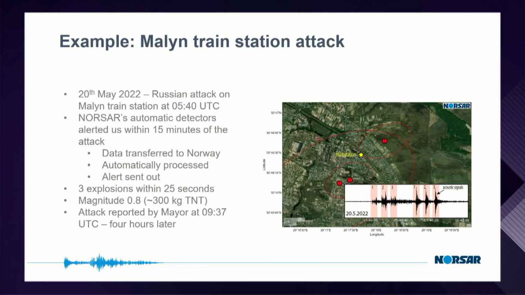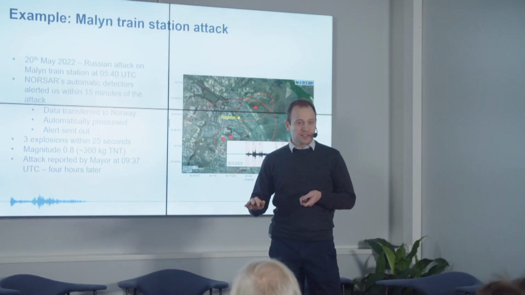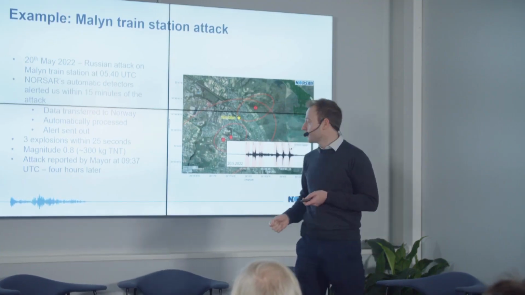So here's an example of this algorithm working in practice. On the 20th of May, there was a Russian attack on Malin train station very early in the morning. We were getting data coming through to Norway continuously, processing it, and within 15 minutes of that attack occurring, we had processed it, an alert had been sent out, and we had detected 3 explosions within 25 seconds of each other, with a magnitude of 0.8, which corresponds to about 300 kilograms of TNT, a typical size for a missile strike.